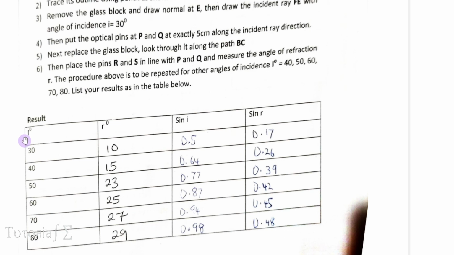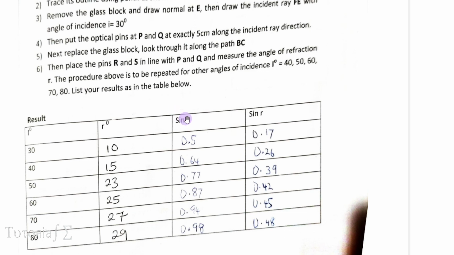So you check the pin through the glass and you get these angles here. So for 30 degrees the refracted angle is 10 degrees, for 40 degrees the refracted angle is 15 degrees, and so on and so forth.